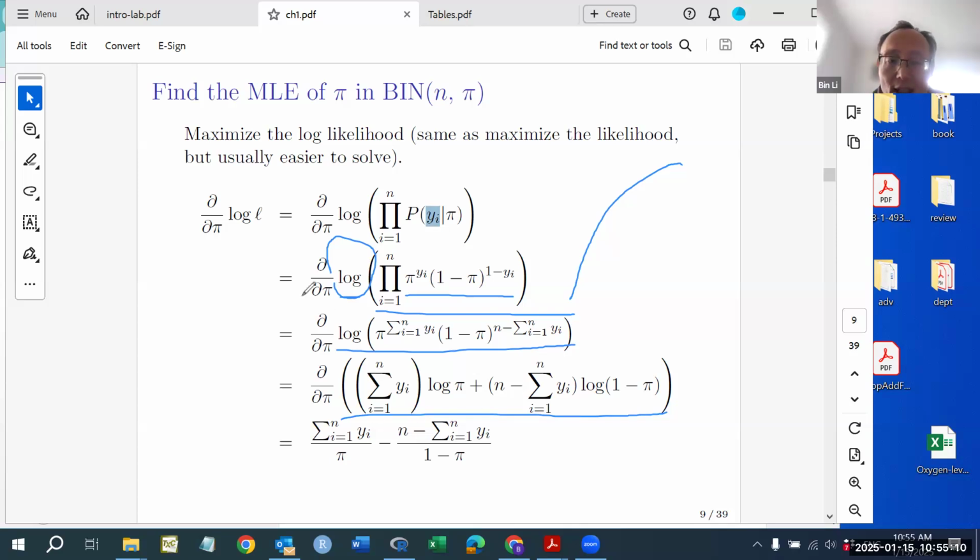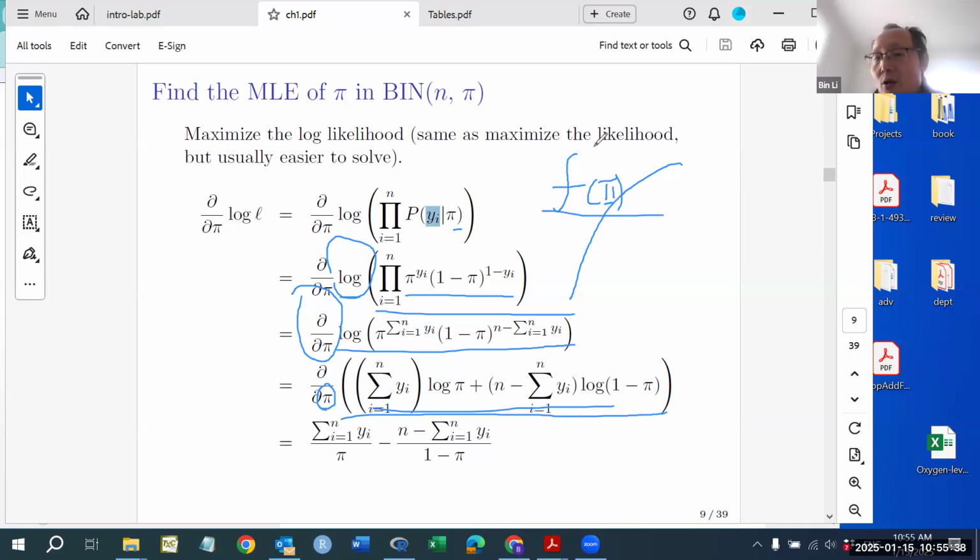So we have this, and what is this one? These are the partial derivatives. Okay, so we take the derivatives with respect to pi. Why do we need to take a derivative with respect to pi? Because we want to find the pi that maximizes this, right? If we have a continuous function of pi, how can we find the pi that maximizes this value?